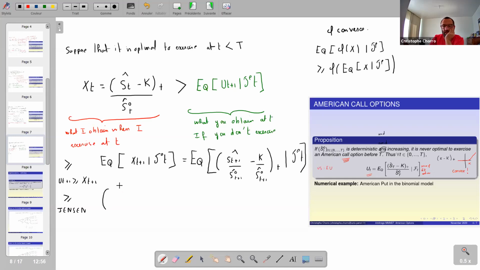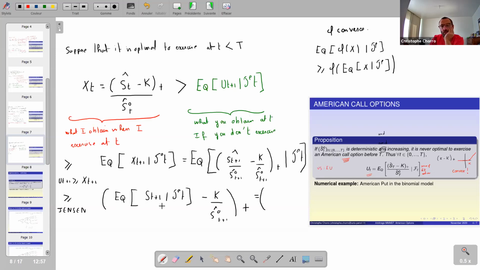So I am greater than the conditional expectation under Q of S t plus 1, given ft, minus K over S0 t plus 1, positive part. But what is this one?